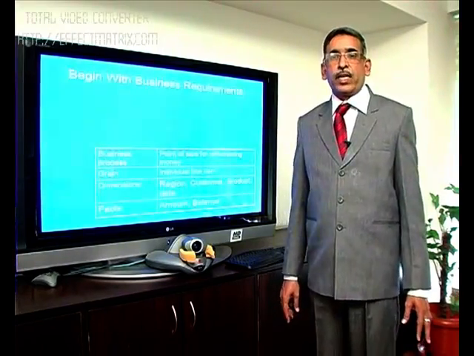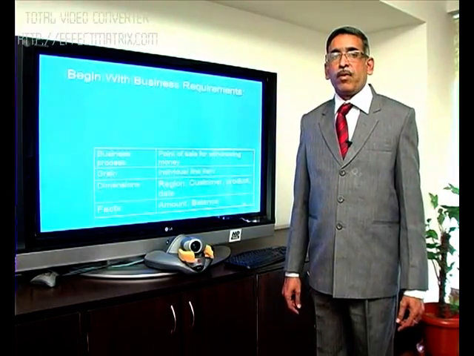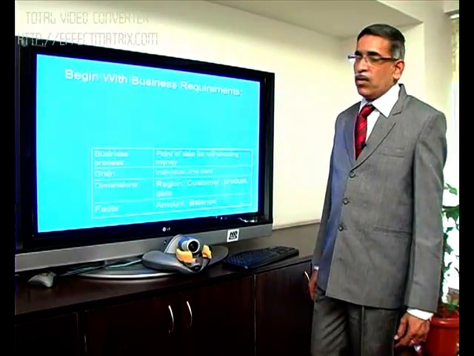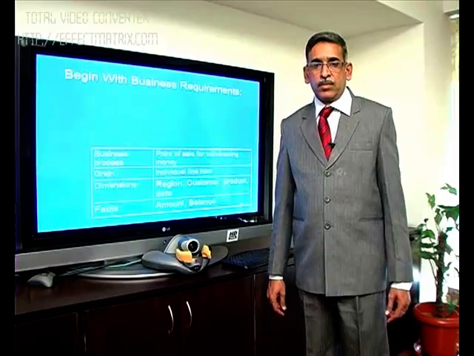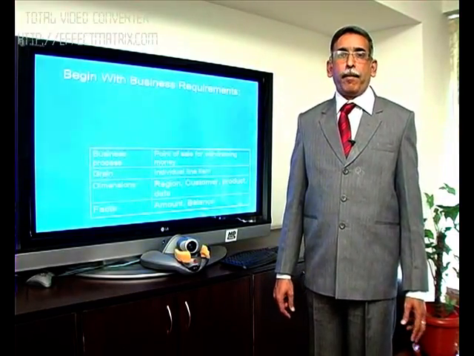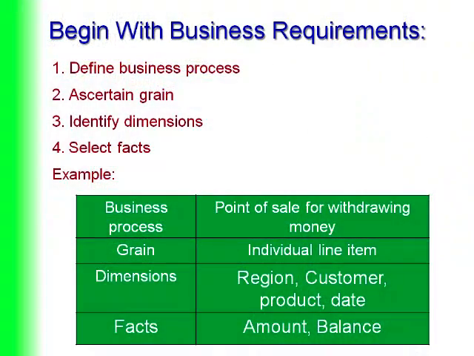We discussed three different kinds of schema models: star schema model, fact constellation schema model, and snowflake schema model. We now discuss what are the steps involved in preparing the dimension model. There are 4 steps. The first step is define the business process, then ascertain the grain.